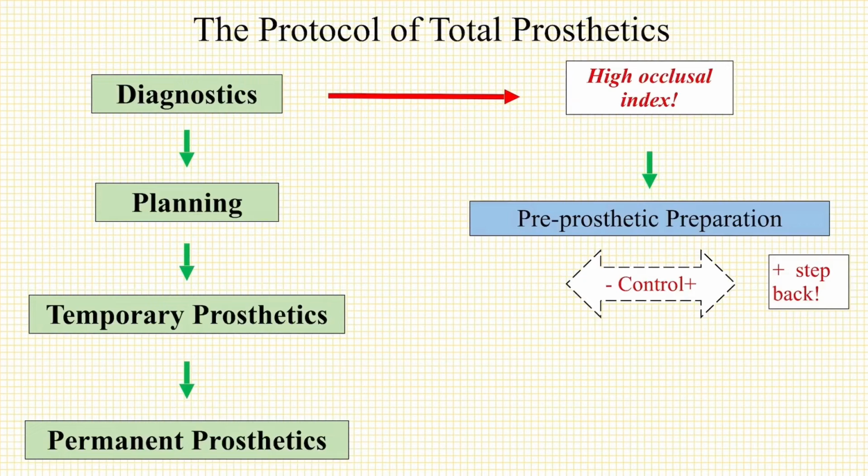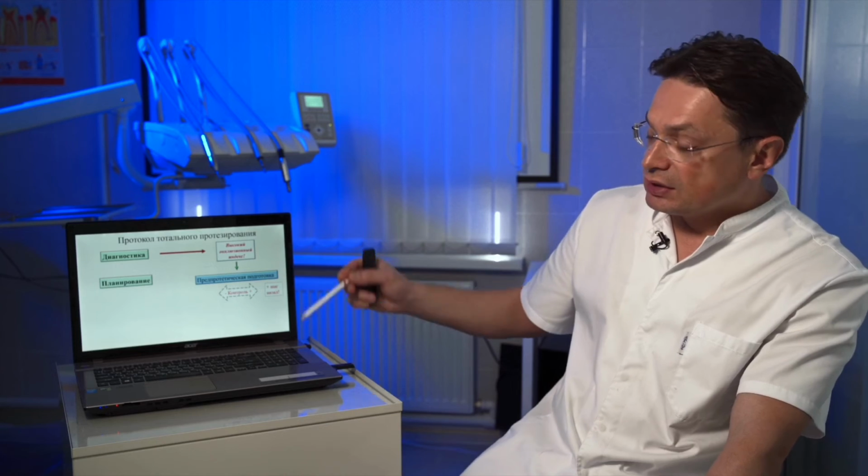So, if at the stage of pre-prosthetic preparation you see that you got some negative result, as happened to us, for example, the intensification of pain or the appearance of some additional problem, then at this moment you need to stop and take a step back, return to the diagnostics and understand why it happened.